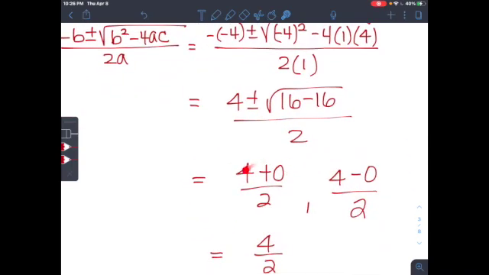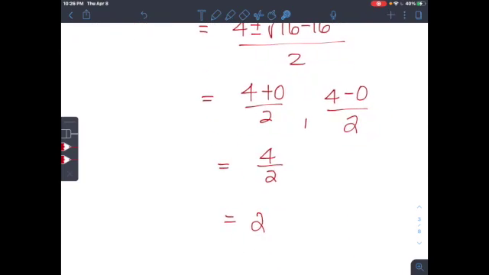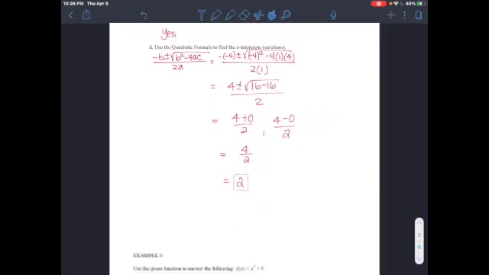Because it's 0, you don't even need this part. You only have to do one, because 0 is going to give the same answer for either. Then 4 over 2 simplifies into 2, and 2 is going to be your answer for the x-intercept. It's going to be at (2, 0), all right?